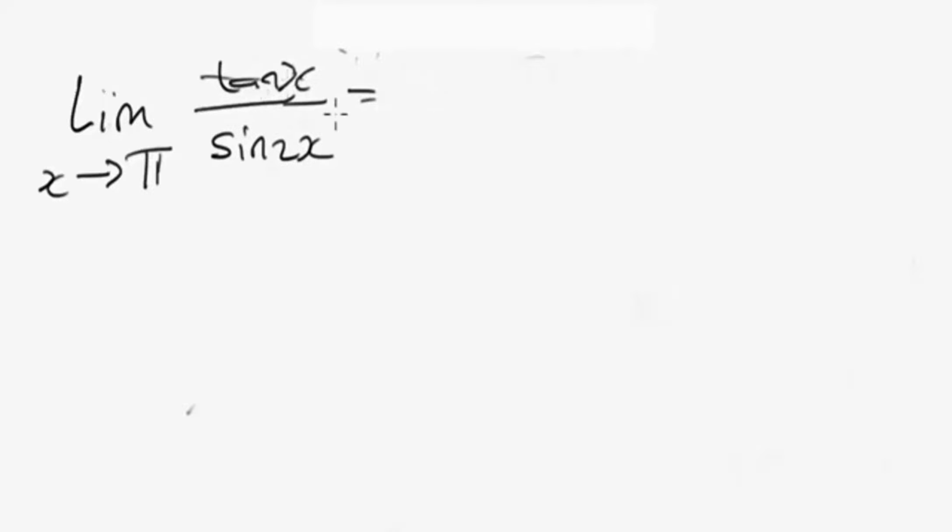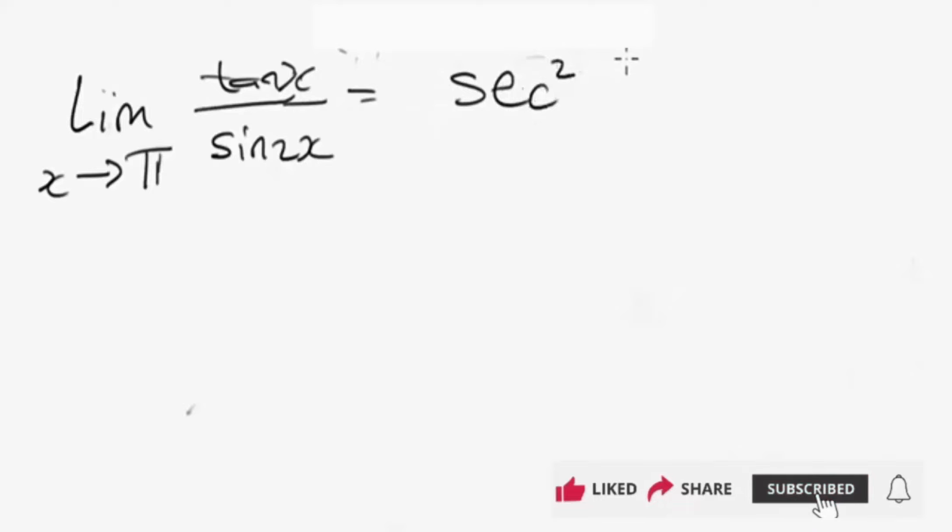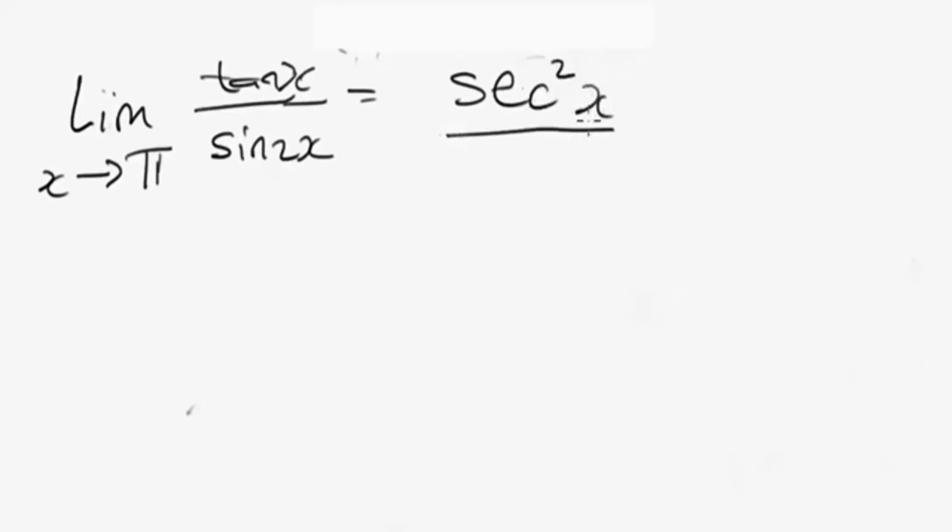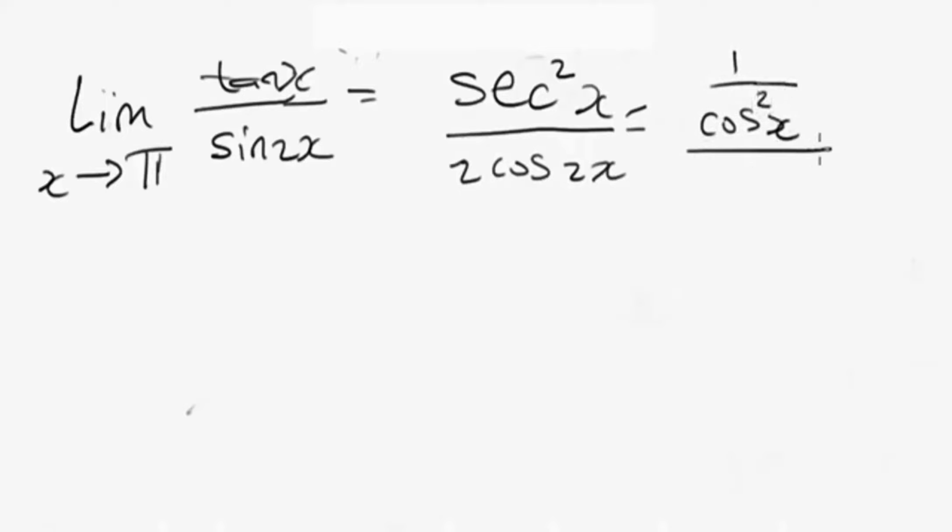To differentiate tan x, you are going to have sec squared x, over, when you differentiate sine 2x, you're going to have 2 cos 2x. Sec is the same thing as 1 over cos, so sec squared x is the same thing as 1 over cos squared x, over 2 cos 2x.